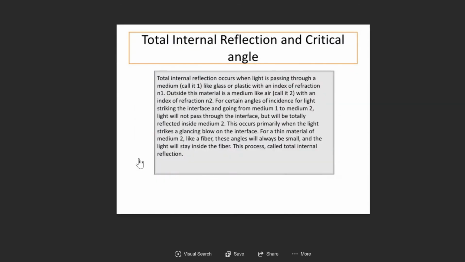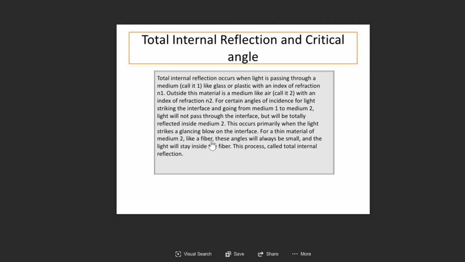We will take one more example from the internet. See, total internal reflection occurs when light is passing through a medium, call it 1, like glass or plastic, with an index of refraction n1. Outside the material is a medium like air, call it 2, with an index of refraction n2. For certain angles of incidence for light striking the interface and going from medium 1 to medium 2, light will not pass through the interface but will be totally reflected inside the medium.